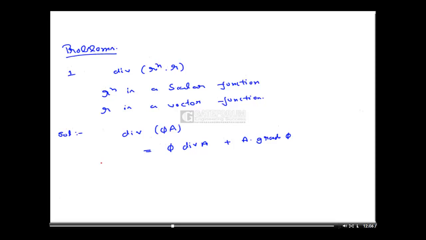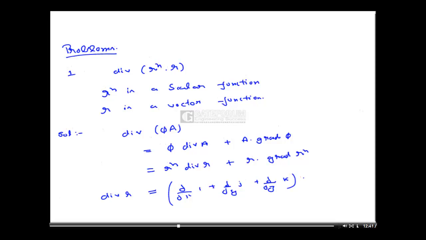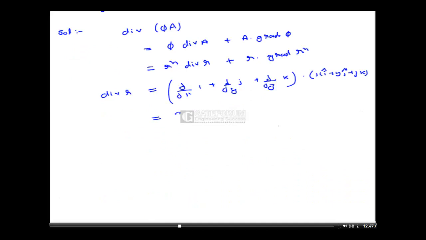Now I can write this as r to the power n divergence r plus r dot gradient of r to the power n. Now divergence of r is equal to del by del x i plus del by del y j plus del by del z k dot product with xi plus yj plus zk is equal to 3.